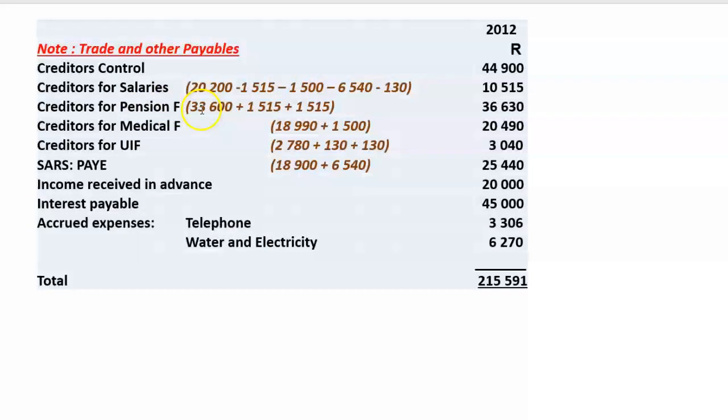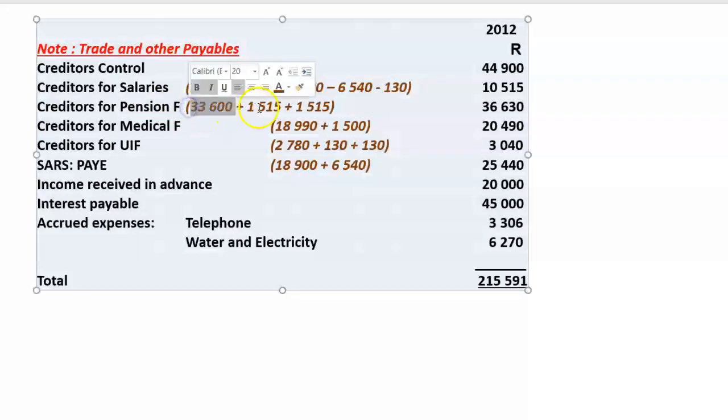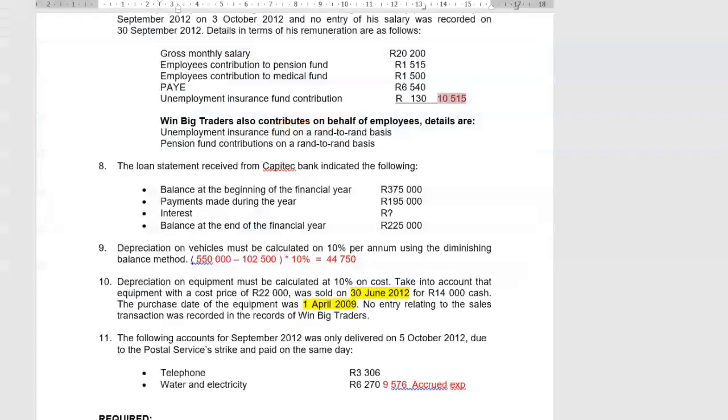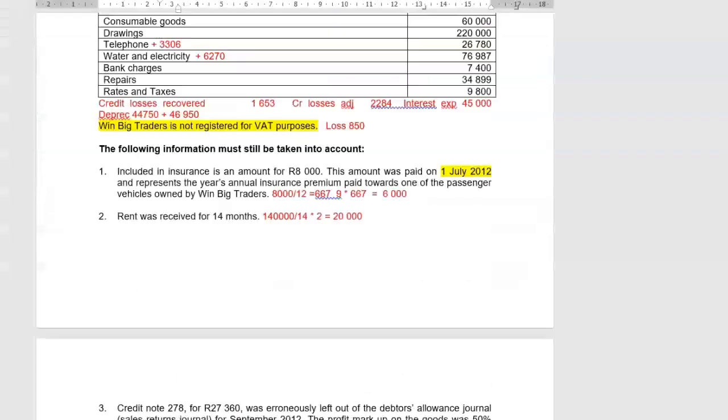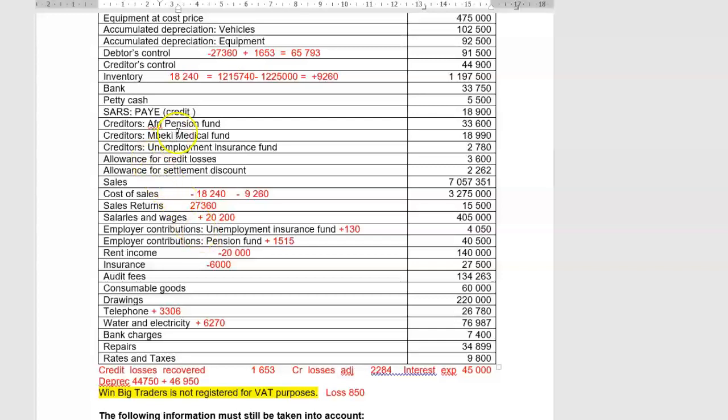And then creditors for pension, that would have been the 33,600 that they gave us, plus the employee contribution, plus the employer's contribution. Medical aid fund, it's the amount that they gave us, plus the 1,500 Rand. Creditors for UIF, the amount that I've given us, 2,780, plus the entity's contribution, plus the employee contribution. So the pension fund, medical aid fund, UIF, and pay as you earn all had opening balances.